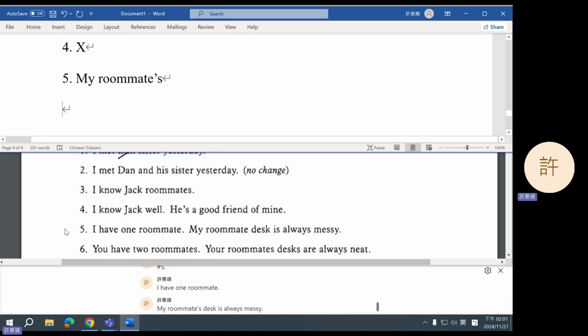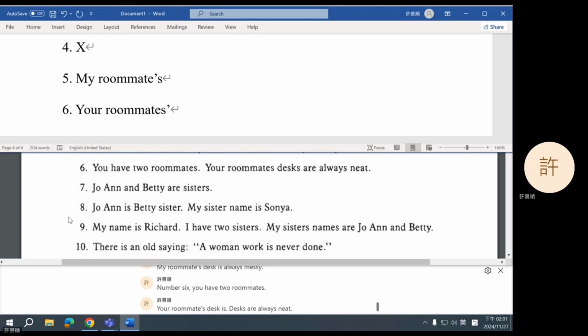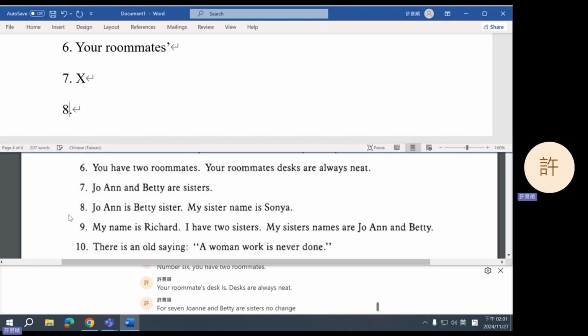Number 6. You have two roommates. Your roommates' desks are always neat. Number 7. Joanne and Betty are sisters. No change. Number 8.